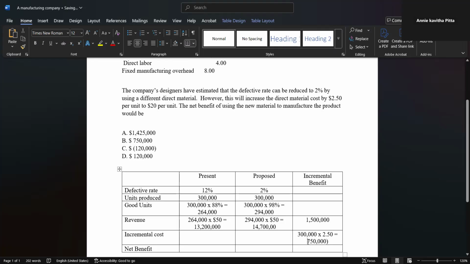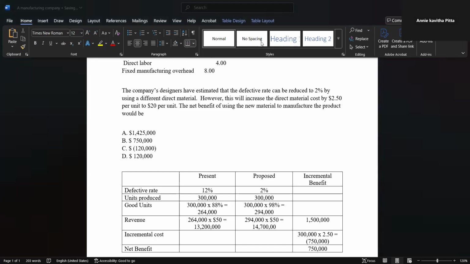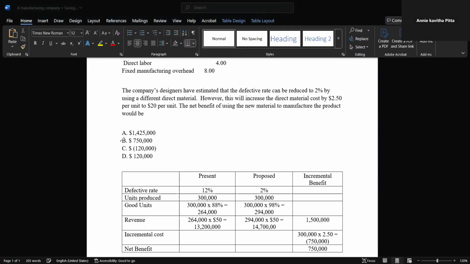So once the incremental cost is deducted from the incremental revenue, we have the incremental net benefit as 750,000. So that will make option B the right one. Option B, 750,000. Hope that is clear.